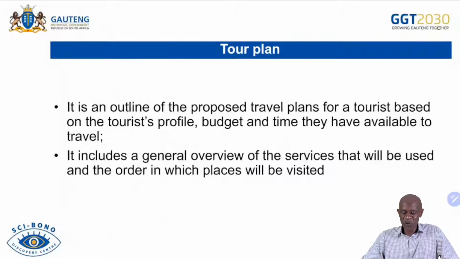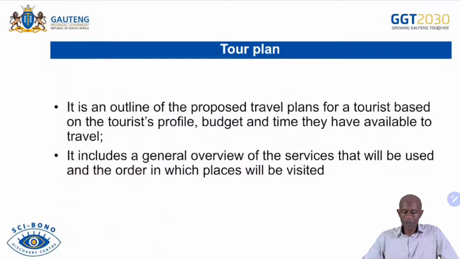The key words for you are a tour plan. Number one, it's a travel plan. It is based on tourist profile and it takes into consideration the aspects of budget and that of time available. So those are your keywords in the definition of a tour plan.